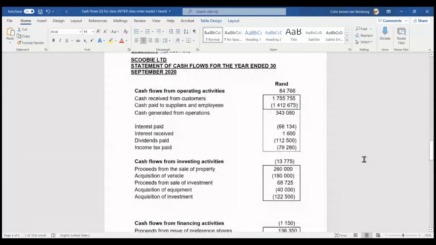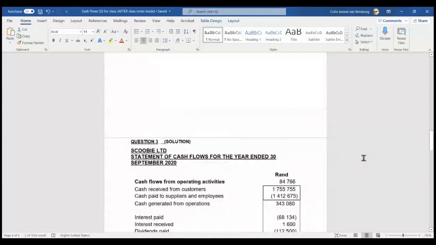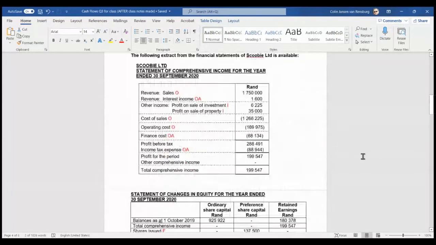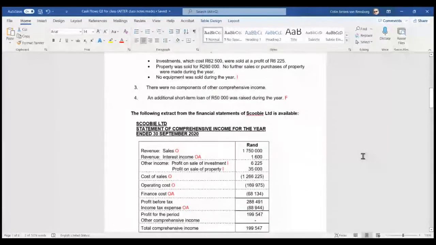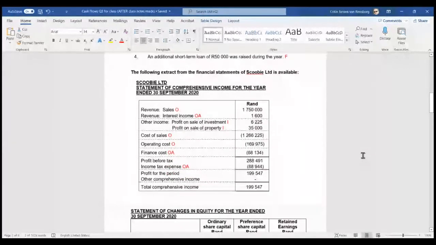So let us go and see what we have again. We started with our statement of comprehensive income. So we are now looking for something that does not have to do with operations. We can see there that our sales, ladies and gentlemen, were part of our operations, but then we have the interest income.